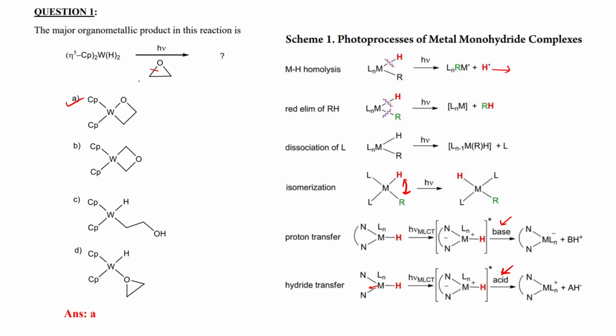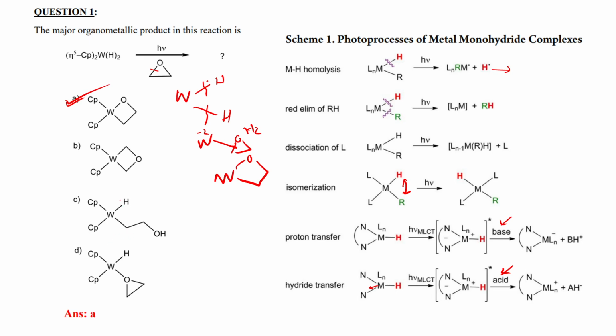So these particular bonds are broken, so it is reduced, followed by oxidative addition here, so that you can form this kind of product. So that's how this will react, and your option would be that.